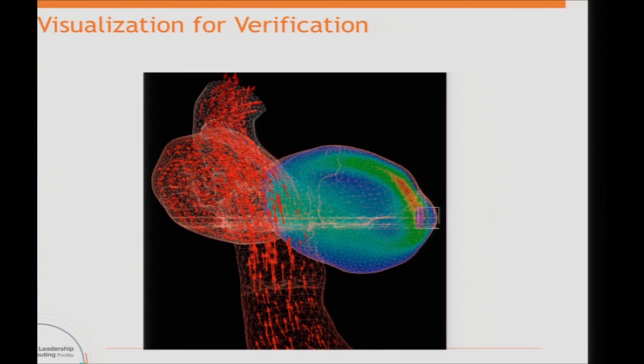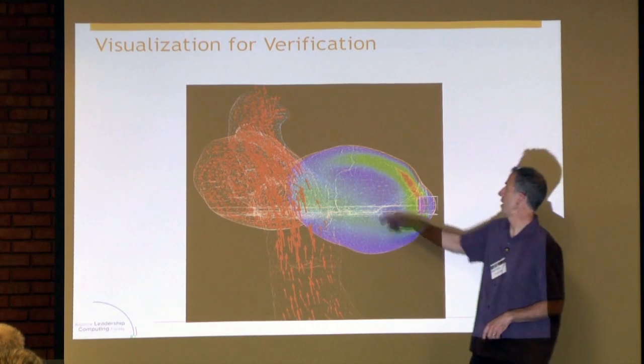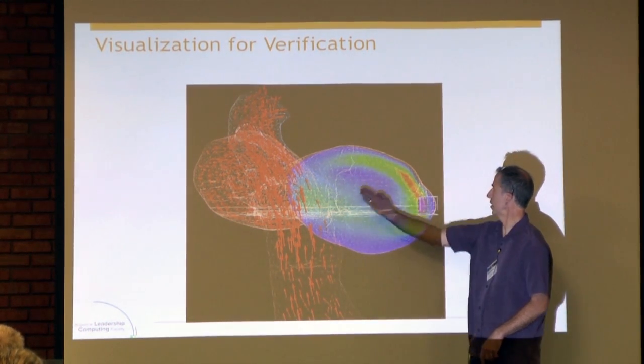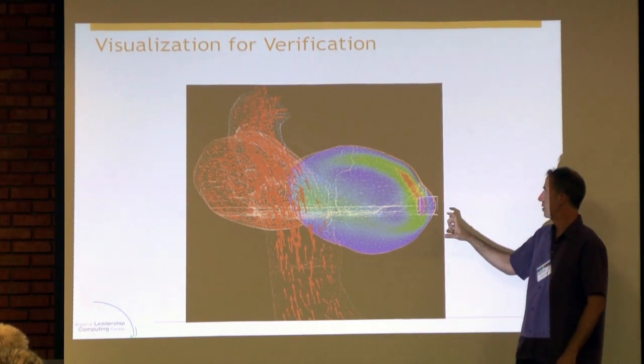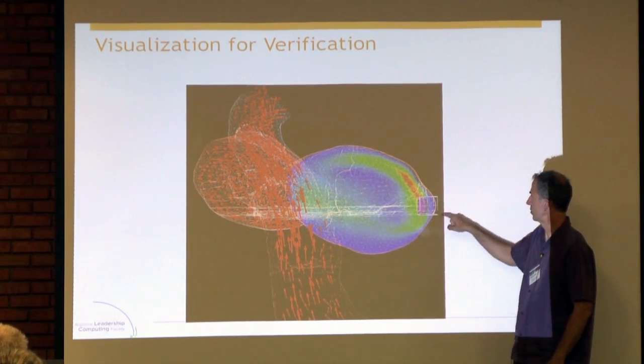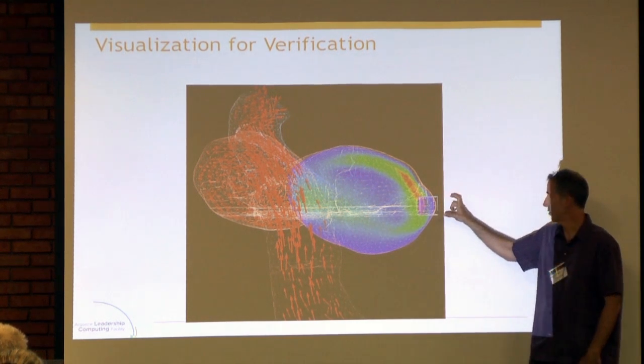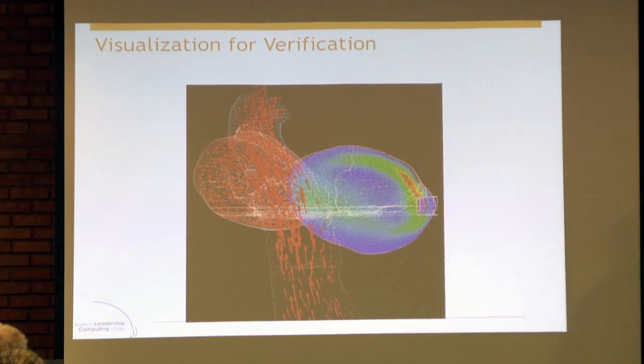In addition to having viz as the end product, it's also valuable as a debugging and verification tool. So for instance, I mentioned we're coupling these two codes, the finite element with the molecular dynamics code. Everything that's going on out here, all this flow, and this is a cutting plane through this aneurysm of the flow data, is generated by one code, and this little subregion here is what's being calculated by the particle dynamics.